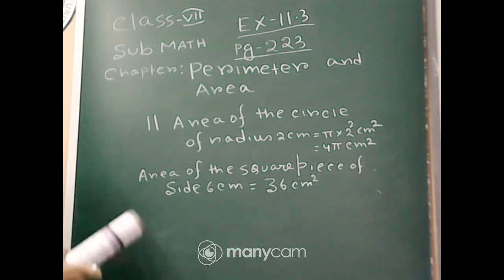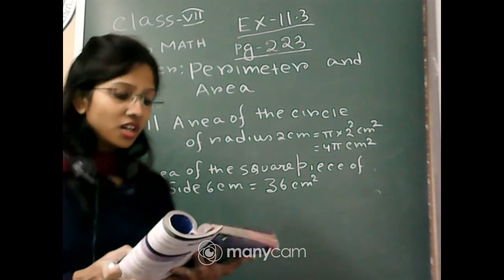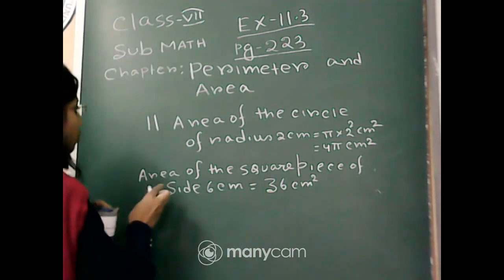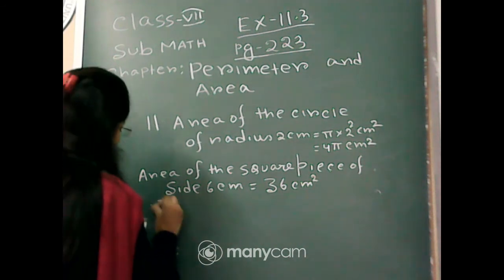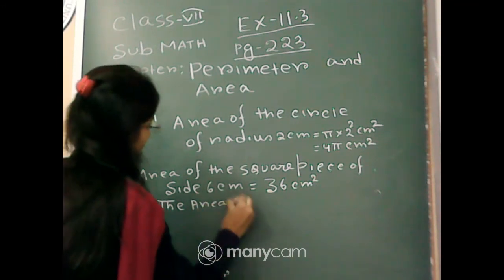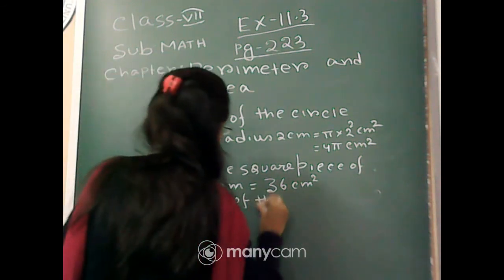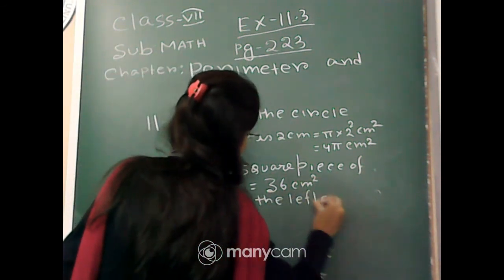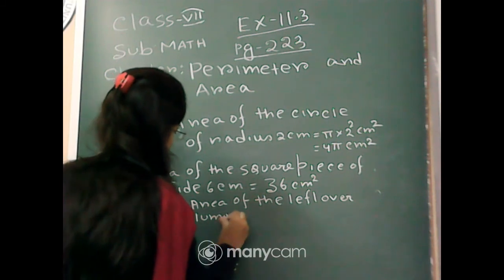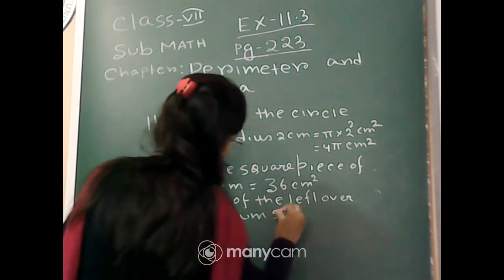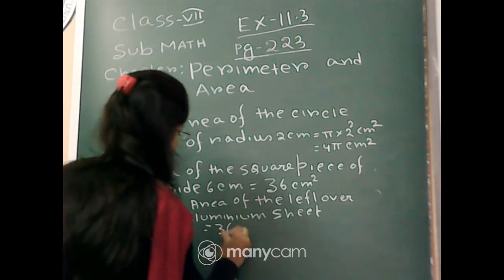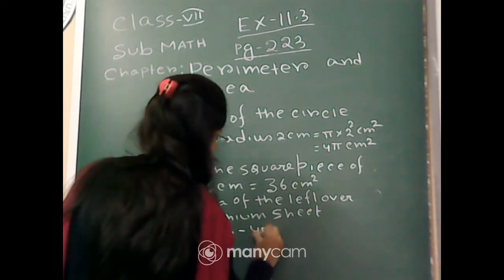Since a circle of radius 2 cm is cut out from a square piece of an aluminum sheet of side 6 cm, therefore, the area of the leftover aluminum sheet is equal to 36 minus 4π square cm.